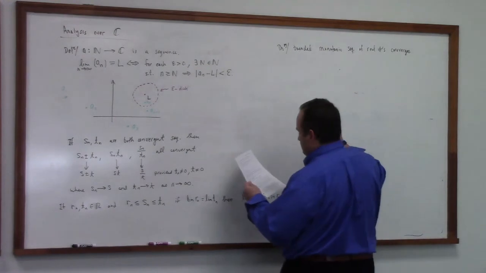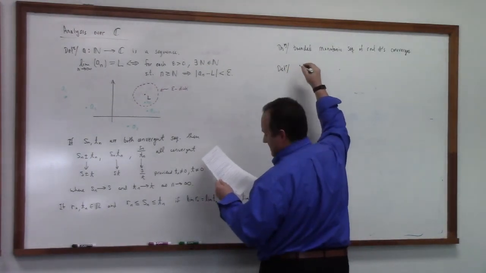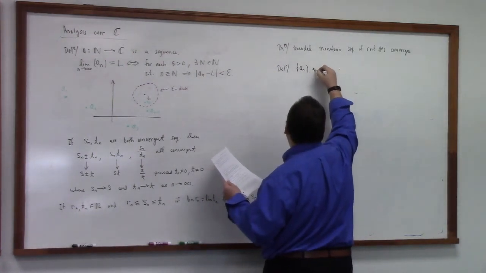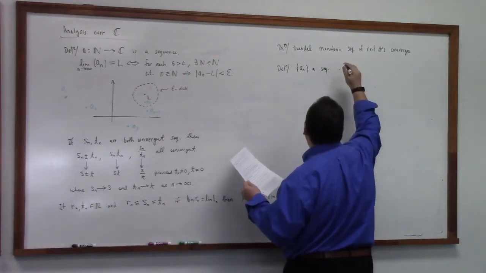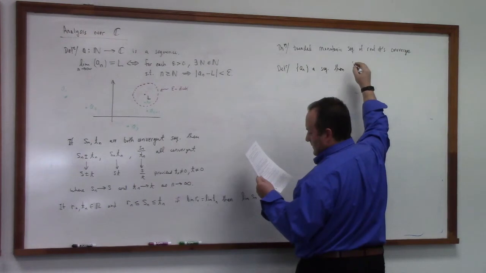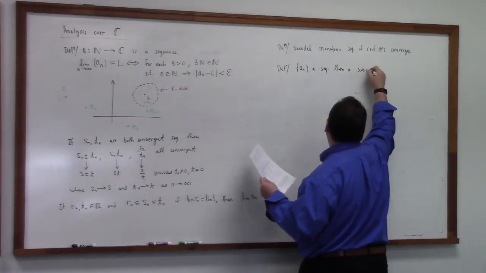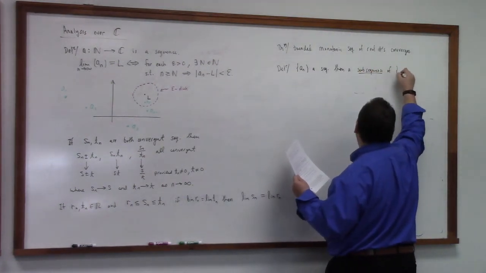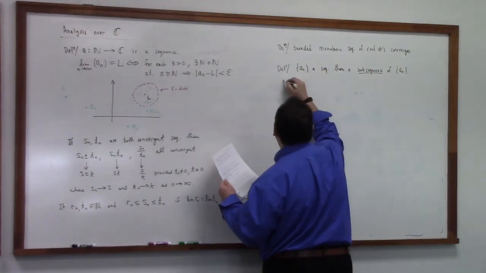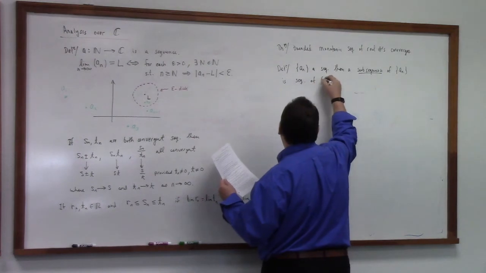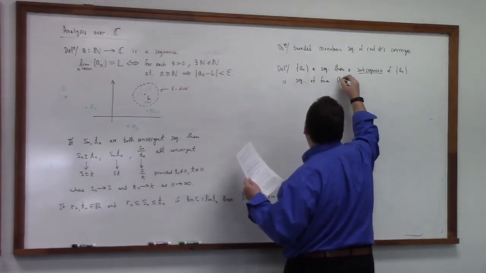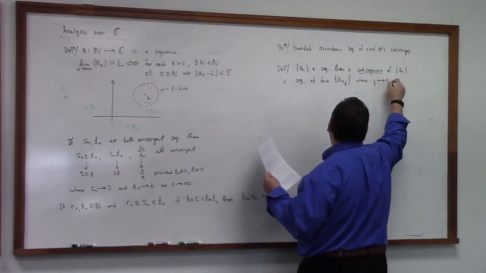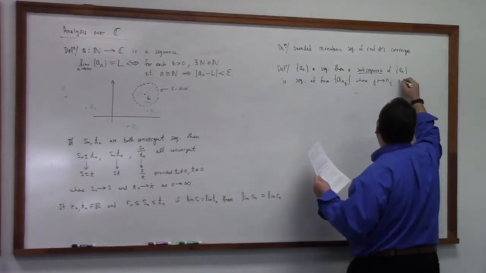Furthermore, definition: if a_n is a sequence, then a subsequence of a_n is a sequence of the form a_{n_j}, where j maps to n_j is a strictly increasing function of j.